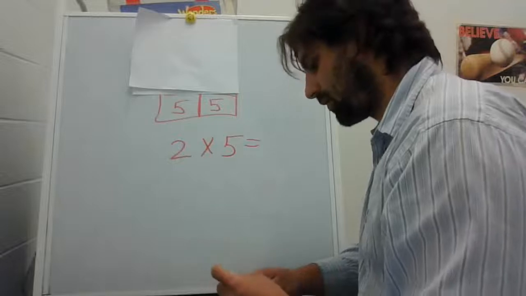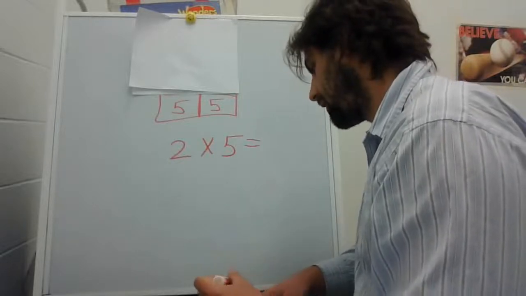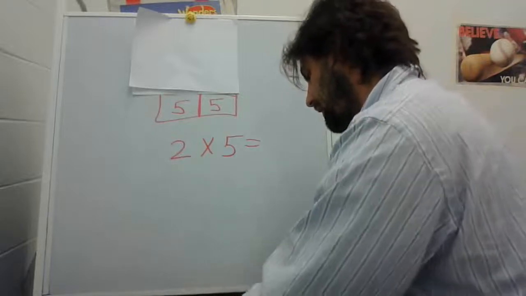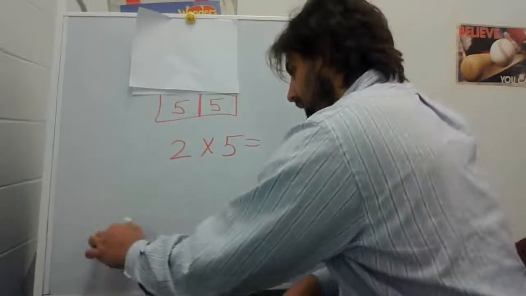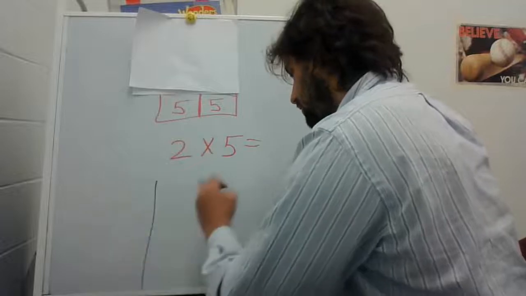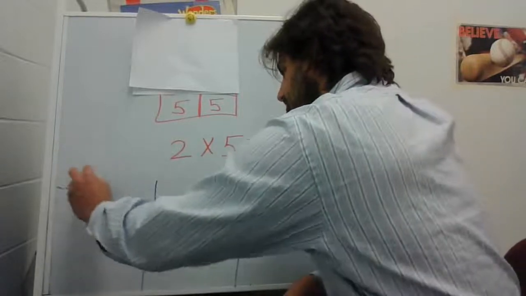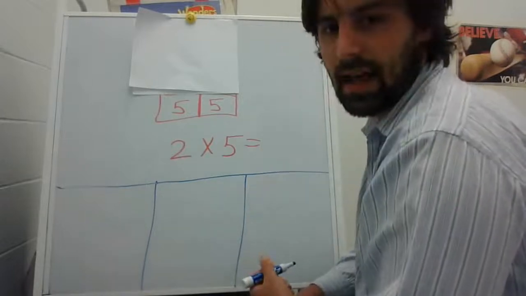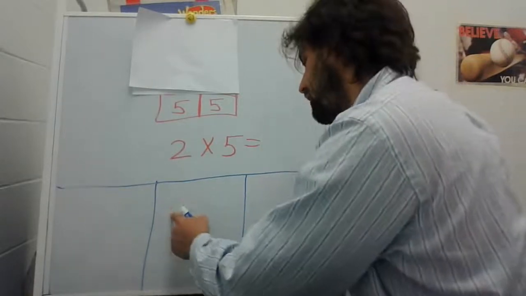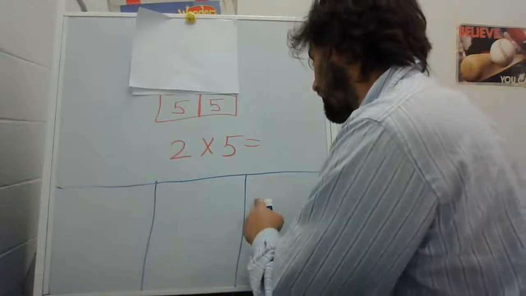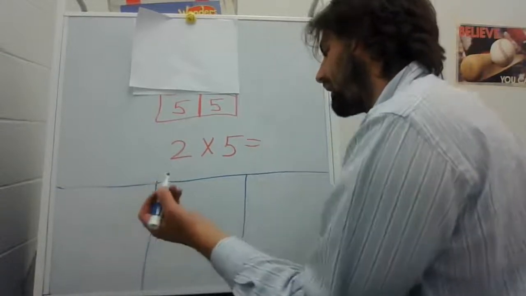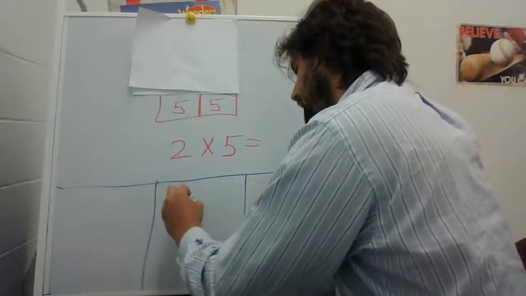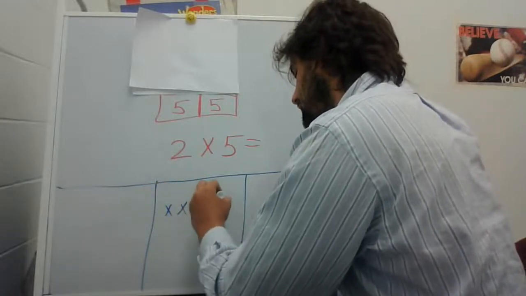So now I am going to show you the three different strategies for solving this problem. I'm not always going to go in the same order with the strategies. So one way to do this is to take an object and make 2 rows of 5. I drew circles last time, but you can make X's, whatever the item is. So I'm going to make 2 rows of 5 X's.